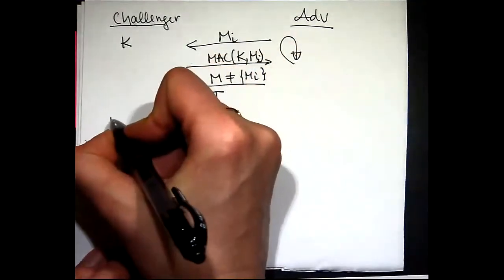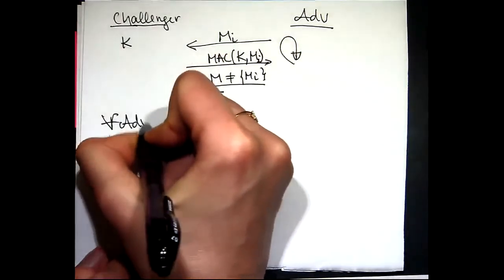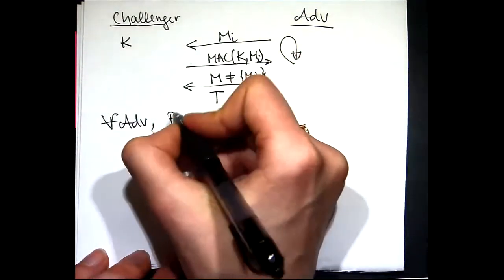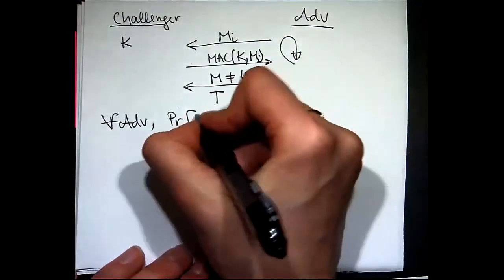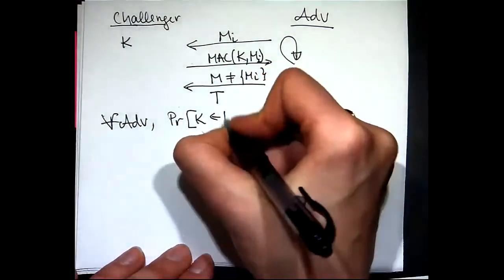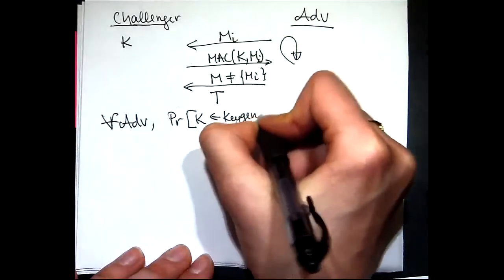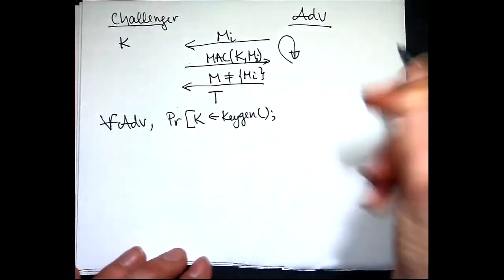So we write that like this. For all adversaries, again, polynomial time, the probability that, again, you have the key using KeyGen of the MAC. Usually it's going to be random.